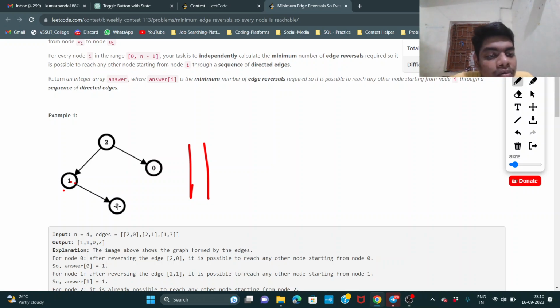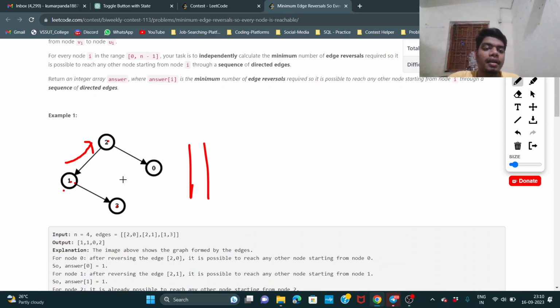From 1 you can reach 3, but from 1 you cannot reach 2, because there is no direct edge. So what you can do is reverse the edge. If you reverse the edge, you will be able to reach 2, and from 2 you can reach 0.